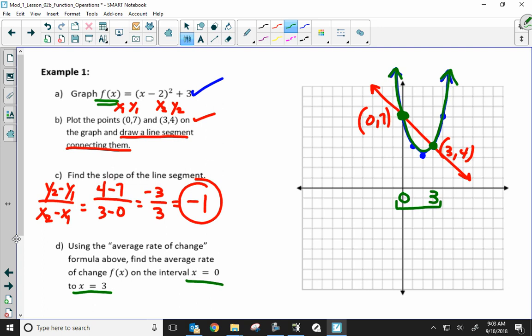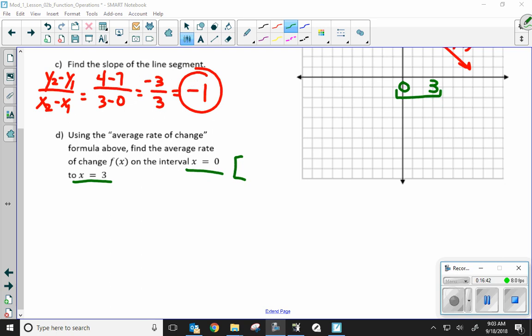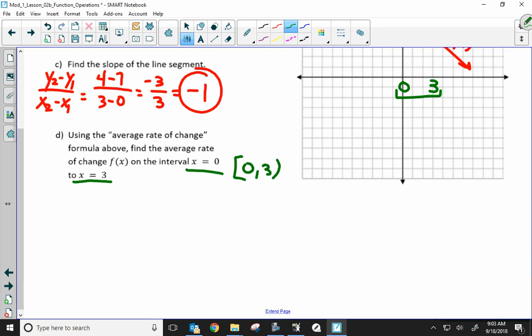Well, let's do that. Okay, so they want the interval from when x is 0 to x is 3. This is my a and my b. They want us to use f of b minus f of a all over b minus a. All right?